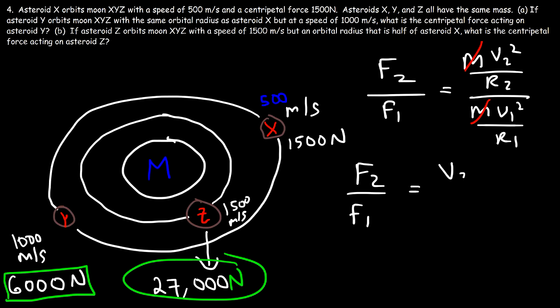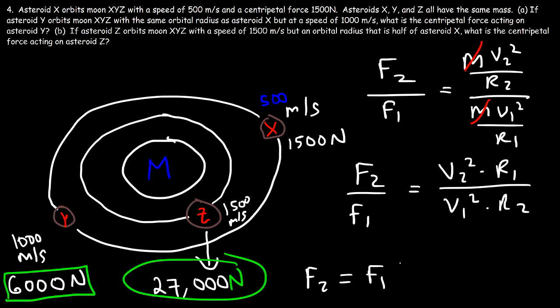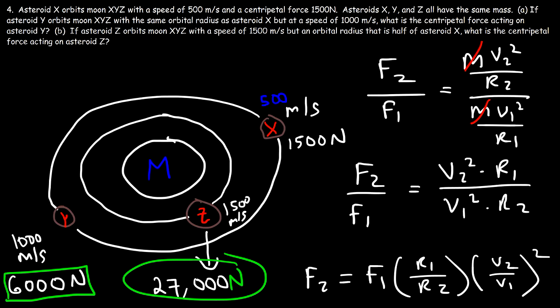It's going to be v2 squared times r1 over v1 squared times r2. And then let's multiply both sides by F1. So F2 is going to be F1 times r1 over r2 times v2 over v1 squared.